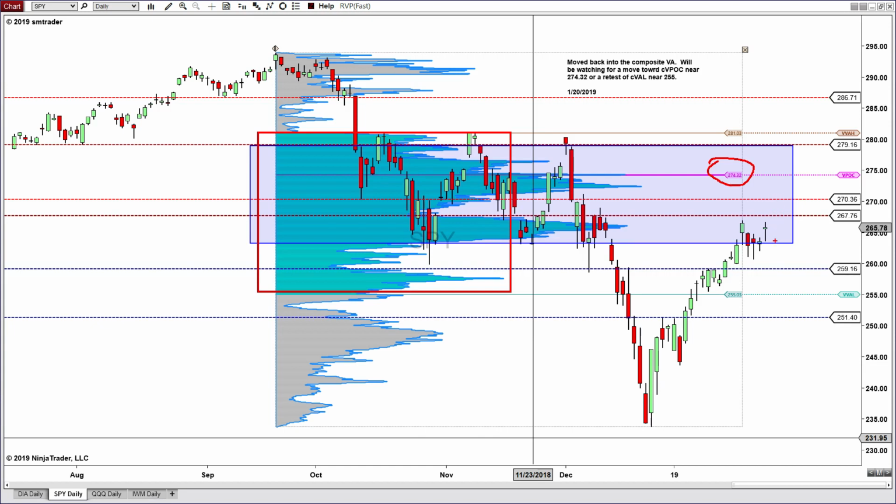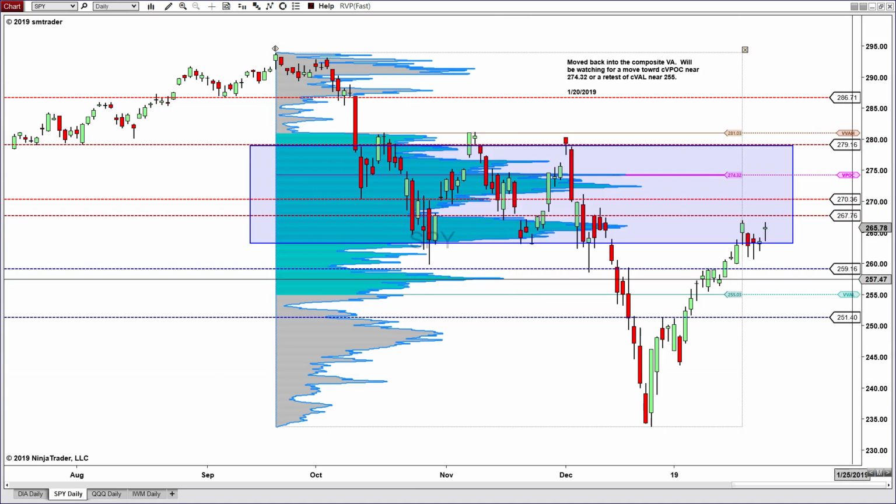So right now it's still trying to make it to this 267.75 resistance, and then the 270.36. So I'm looking for this thing to come up, maybe chop around here and then move toward the point of control. If we get above the point of control, then I'd be looking for a move up to this 279.15, basically trying to test the composite value area high.